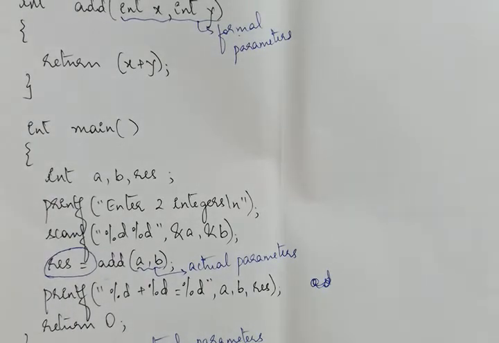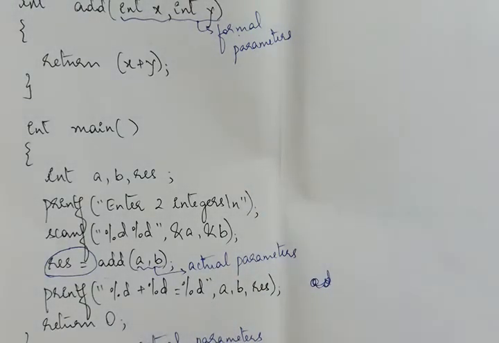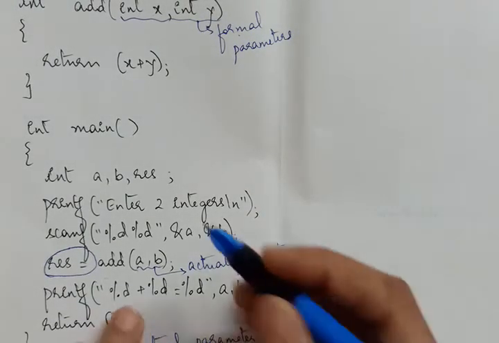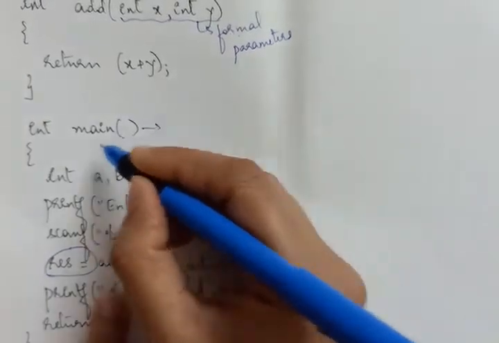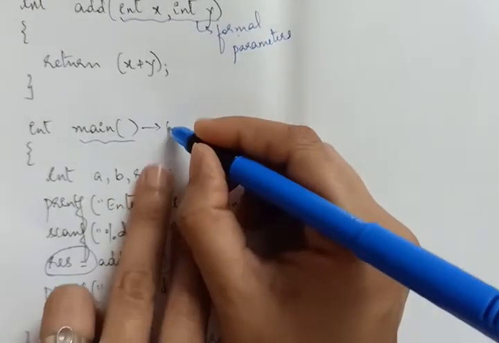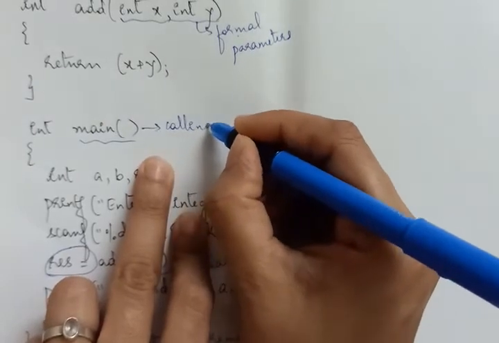So we have seen what is function prototype or declaration, then function call, function definition, then coming to formal parameters and actual parameters. Also the function which has the function call is called the calling function, that is the main to this add is calling function.